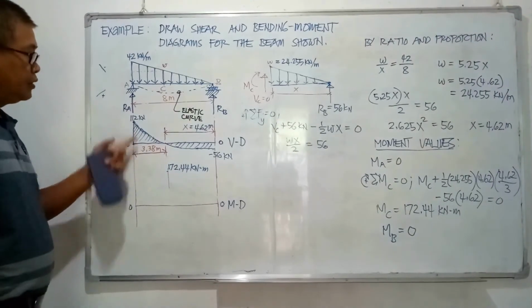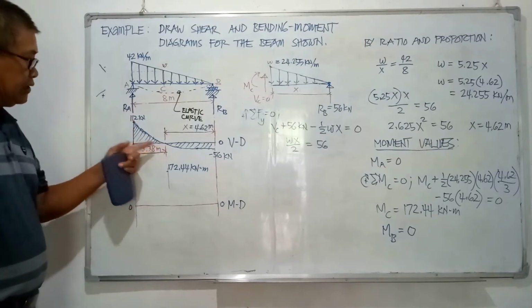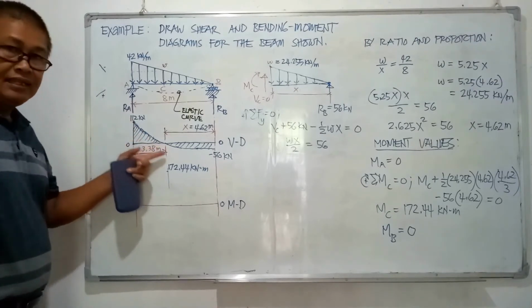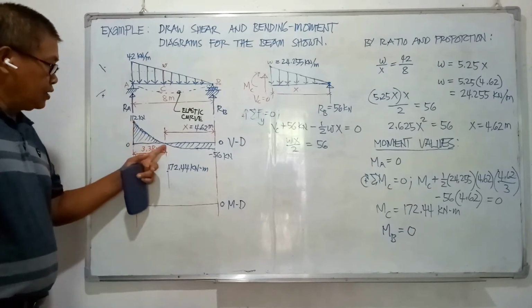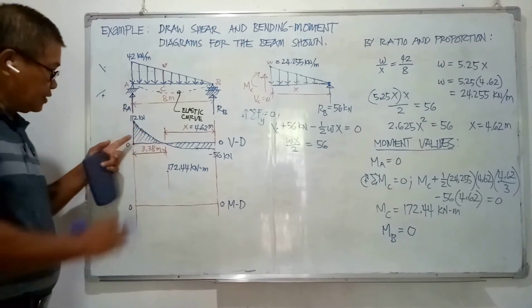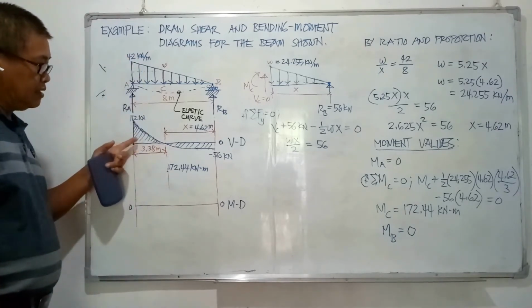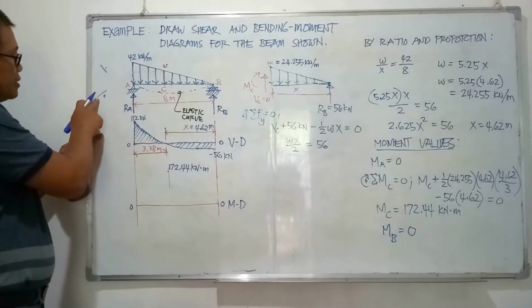And then drawing the moment diagram, this shear area is positively decreasing from maximum here at joint A to 0 at point C. So it is decreasing in positive because it is on the positive side above the 0 reference line.